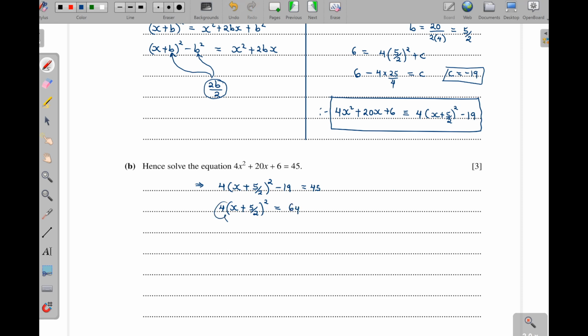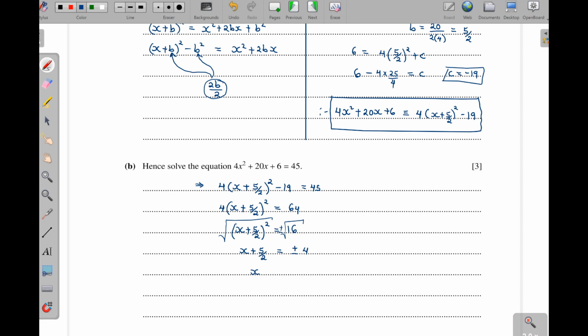Then we can divide all through by 4. So you'll have x plus 5 over 2 squared, and 4 goes into 64 16 times. And then from there we take the square root. So when we take the square root, we shall have plus or minus 4, because remember, when you take the square root, you put plus or minus. You see that?